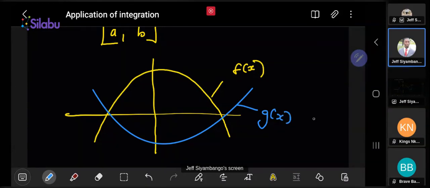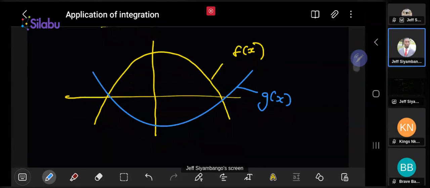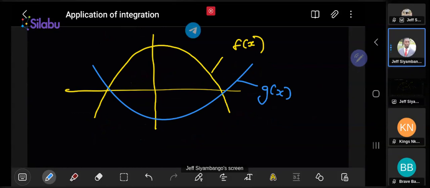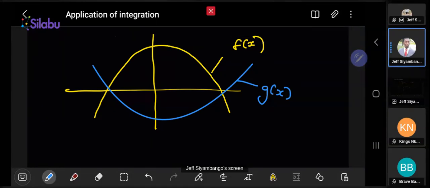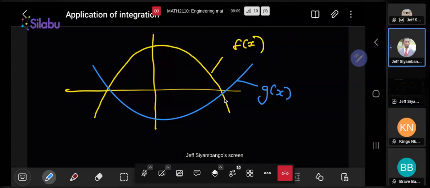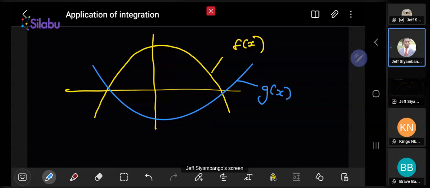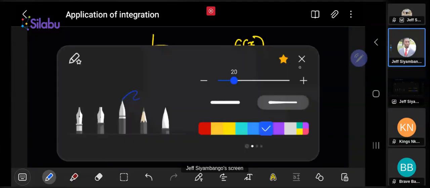Now, in this case, what we're trying to say is that if we wanted to find the area, we can use A and B to specify exactly where we want our A and our B to start from.